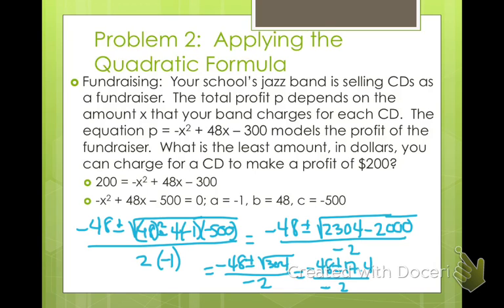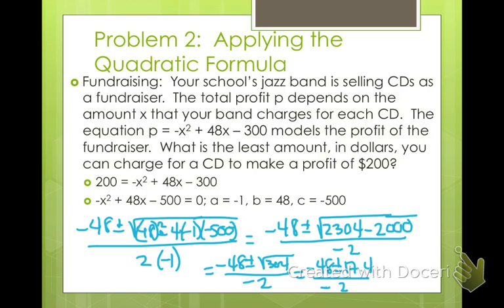So if we want to find the least amount that we can charge, we need to take, let's see, negative 48 plus 17.4 divided by 2.